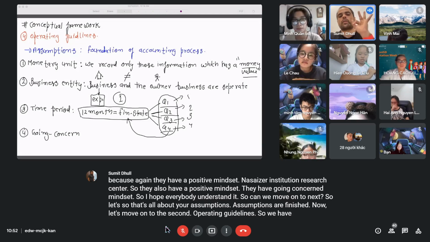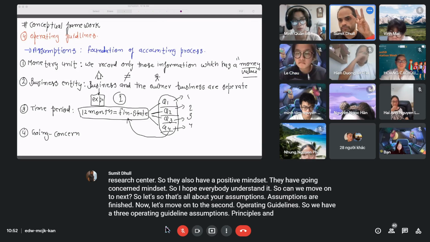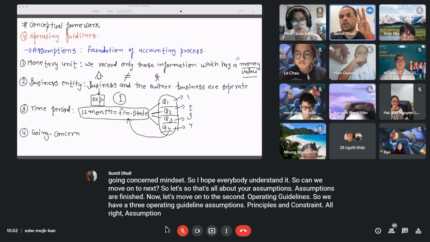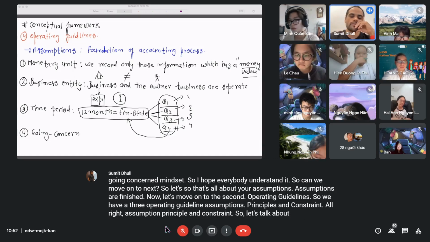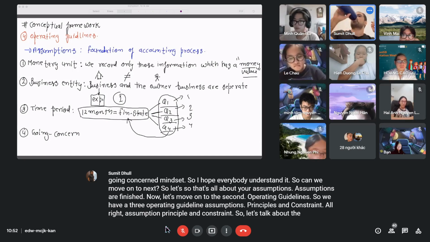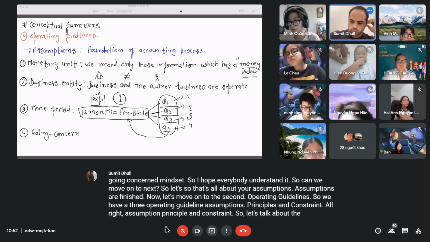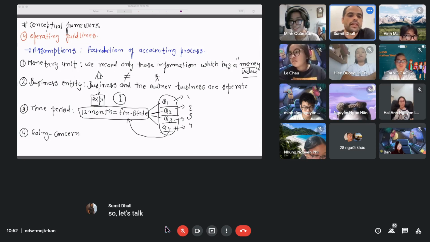We have three operating guidelines: assumptions, principles, and constraints. So let's talk about the second one, which is principles.